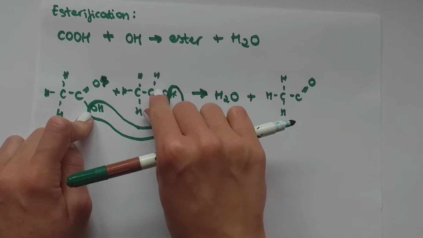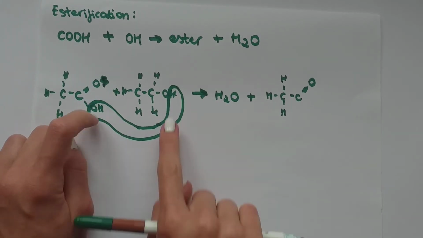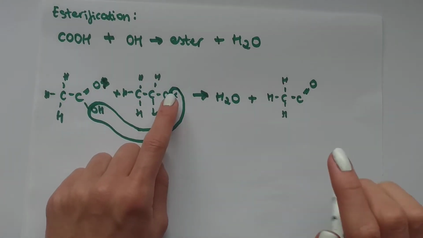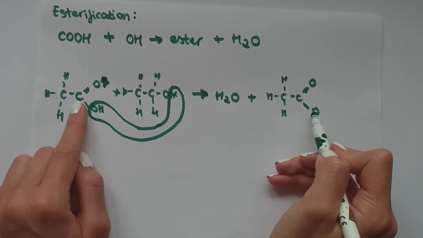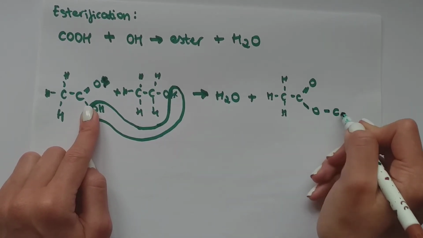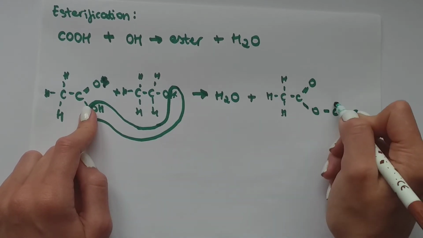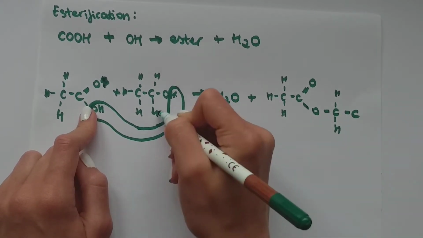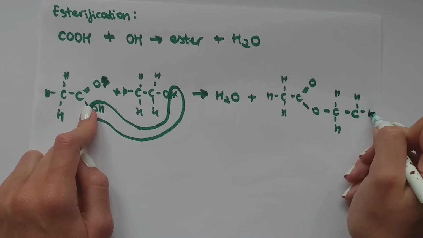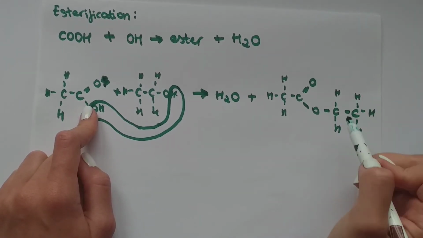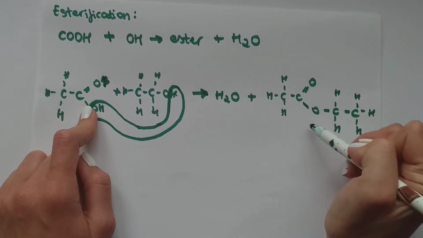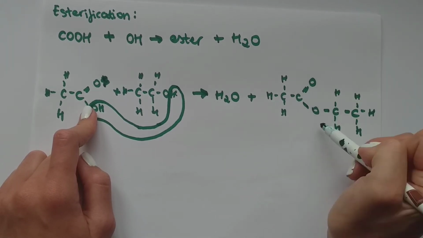So basically you have to flip this around in order to have this O bonding with carbon. And then what you have is these two carbons with hydrogens. This is the rest of our alcohol. And this is our ester bond.